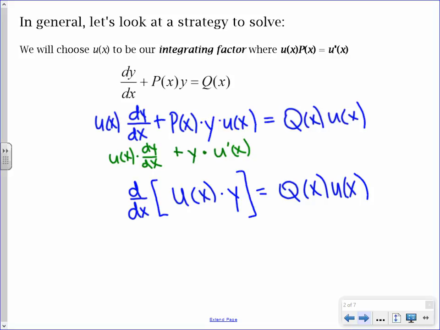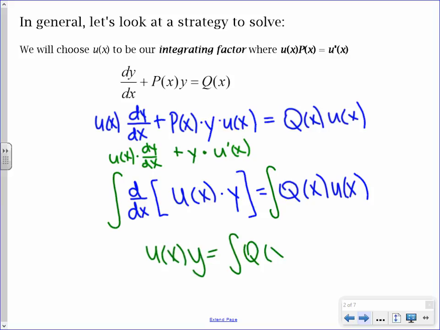Okay. So now we can integrate. So when we integrate this, we get u of x times y, and over here we're going to get the integral of q of x, u of x, dx.